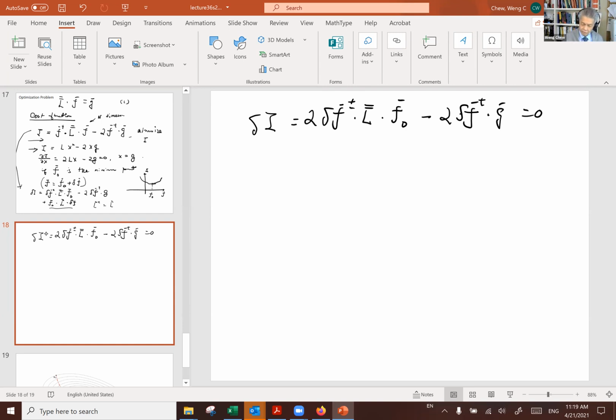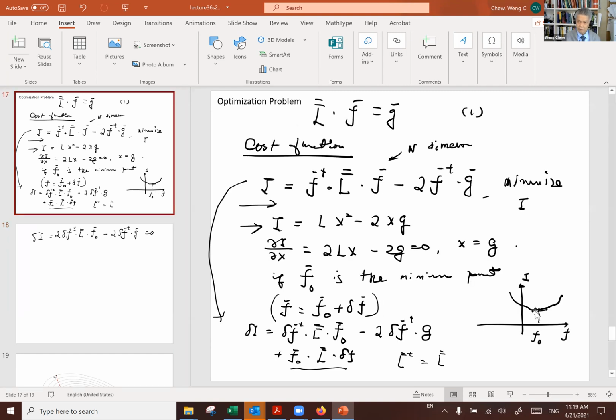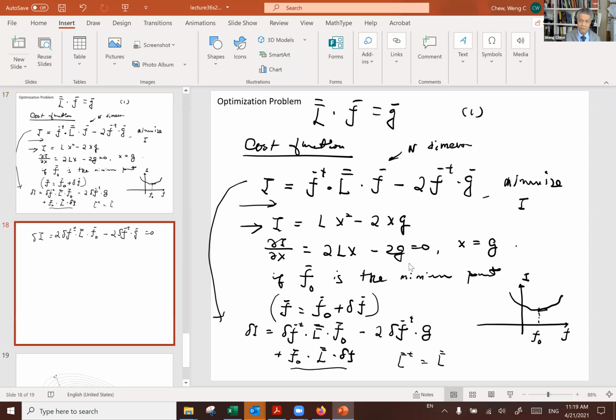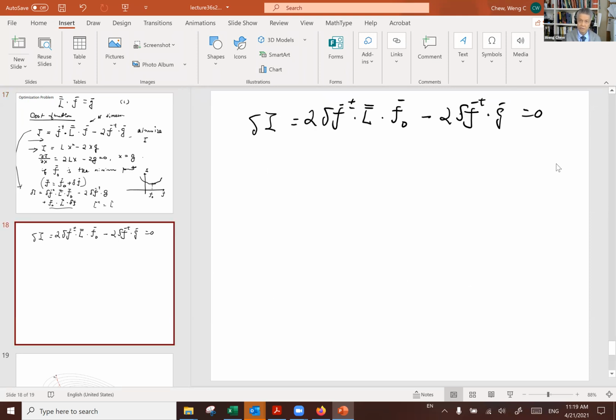Okay, if f sub 0 is in fact the optimum point, the first variation about this optimum point or the minimum point should give rise to 0 variation in delta I. The delta I will only have second order variation and no first order variation. So this should be 0. Its first order variation should be 0.